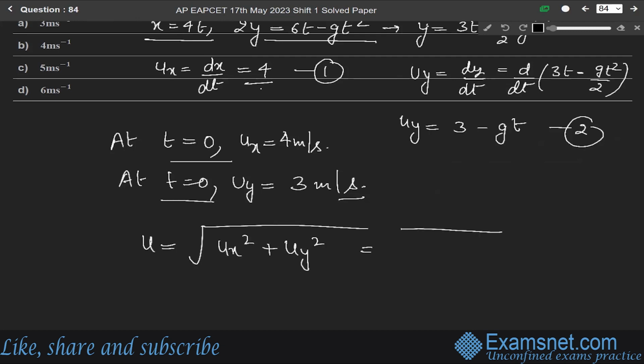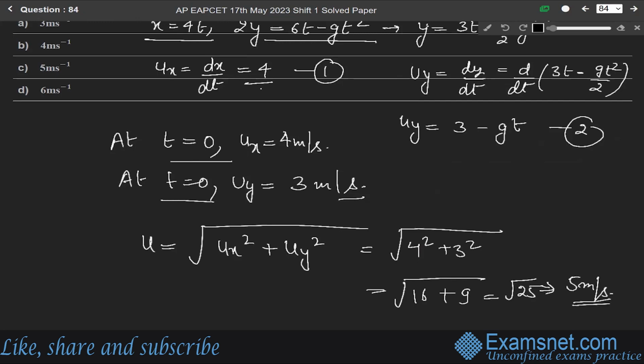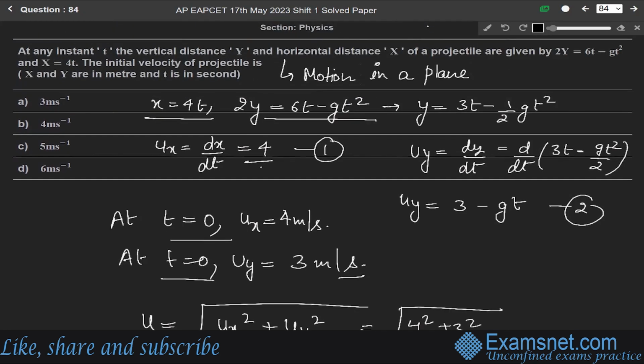So it will be the square root of 4 square plus 3 square, which is the square root of 16 plus 9, the square root of 25, that is 5 meter per second. So the initial velocity of the projectile is 5 meter per second. That is, option C is the correct answer.